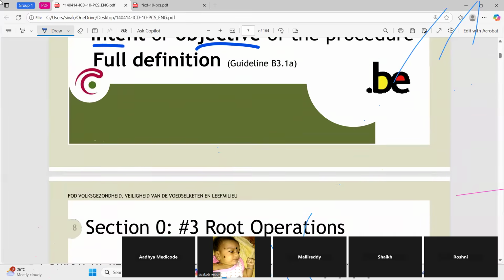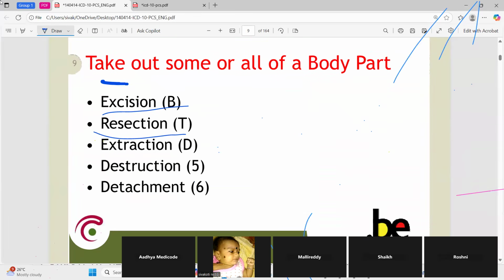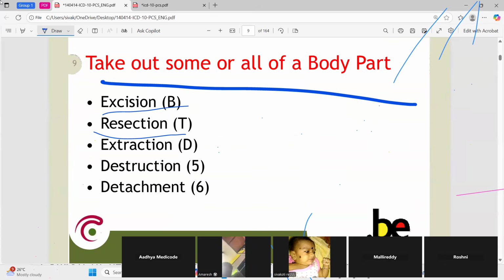The first group is take out some or all of a body part without replacing a body part. Clear? In these root operations, they remove a body part, complete or partial, using different approaches.